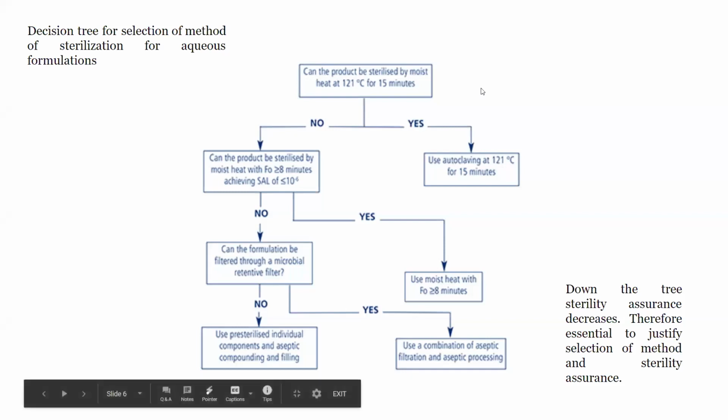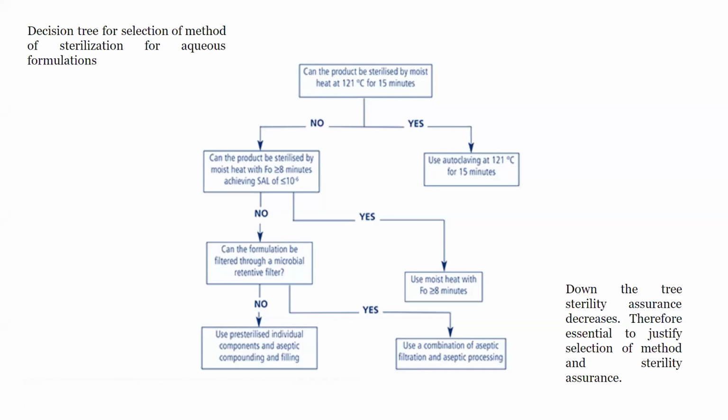Whenever possible, the most feasible method of sterilization is autoclaving. So we'll first determine whether autoclaving is safe for the product. If it is yes, go for autoclaving at 121 degrees Celsius for 15 minutes. If it is no, then can this product be sterilized by autoclaving for more than 8 minutes to achieve sterility assurance level of less than or equal to 10 raised to minus 6 microbial count?